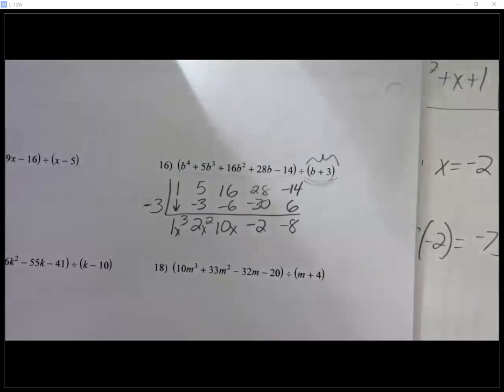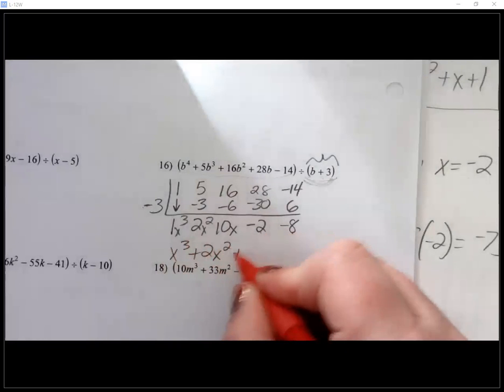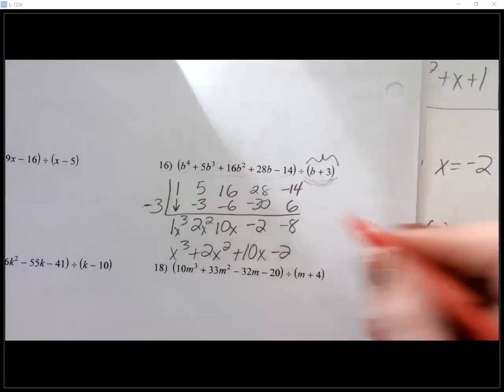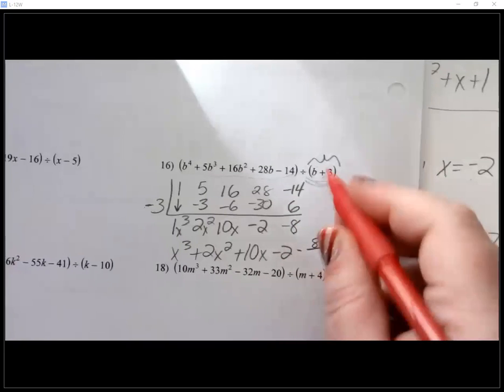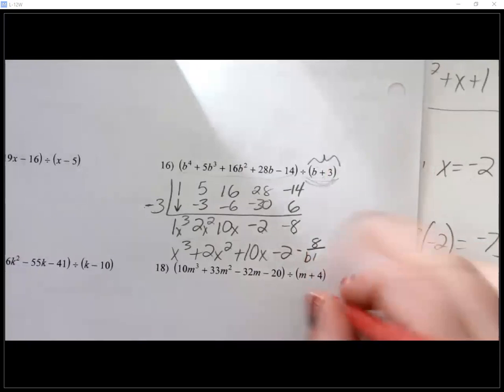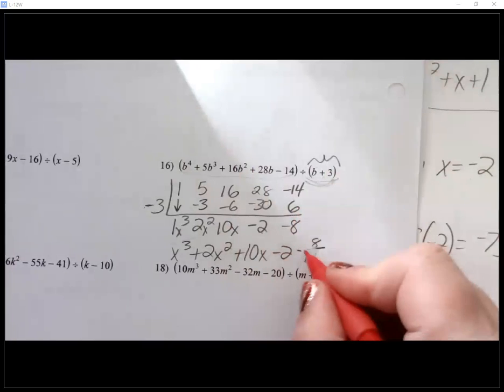X to the third plus 2x squared plus 10x minus 2, and then my remainder. Since it's negative, you can write it as -8 over whatever you were dividing by, x plus 3. Oh, I put x's instead of b's. Whatever, I'm switching to x, sorry. I always do that. Should be more careful.